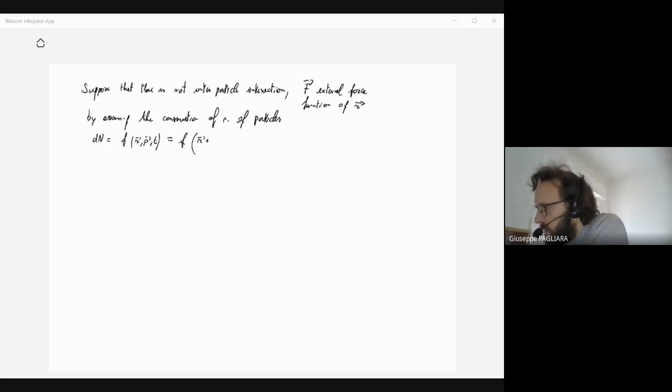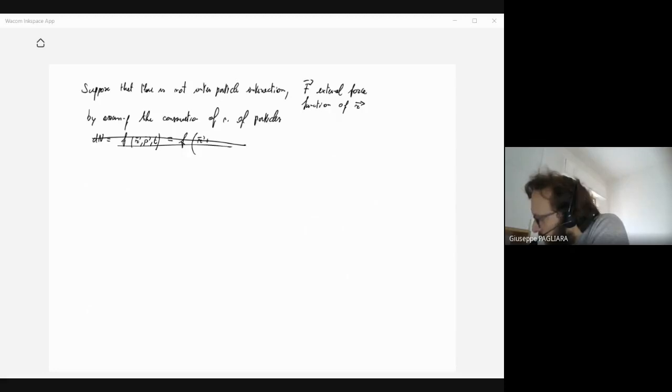So we are imposing that the total number of particles in this small volume is conserved as a function of time. Here there is something missing.